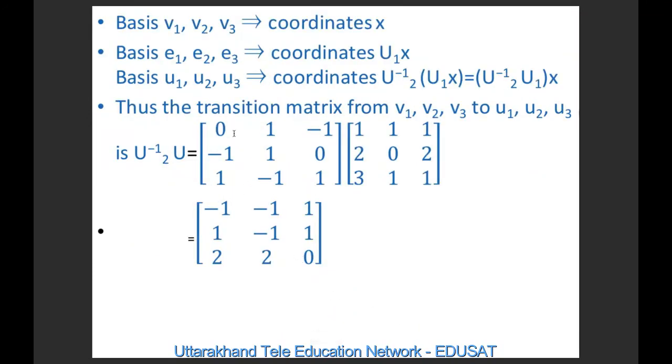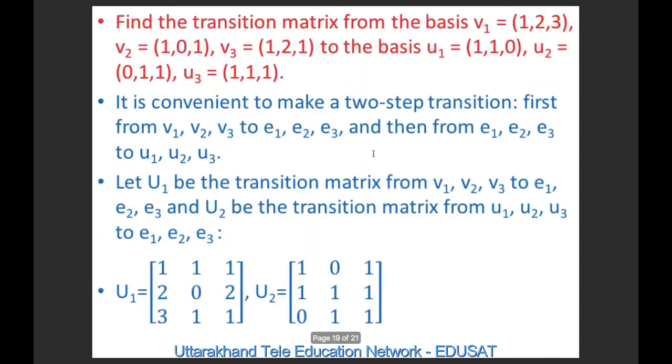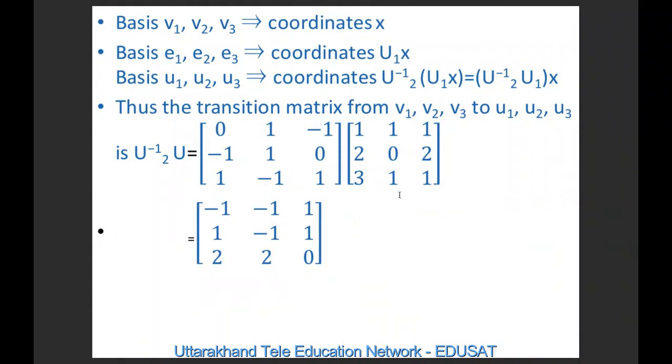So this is 0 1 minus1, minus1 1 0, 1 minus1 0, and this is U1 here: 1 1 1, 2 0 2, 3 1 1. If you multiply these two, we will get 0 into 1, 1 plus 1 into 2 minus 1 into 3.